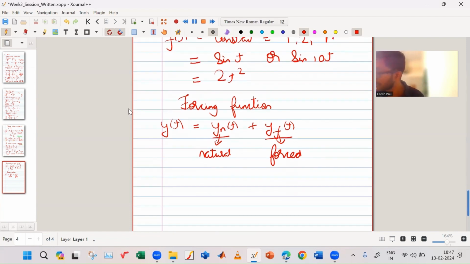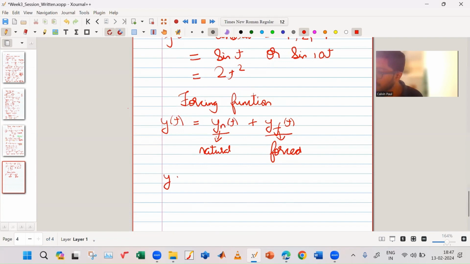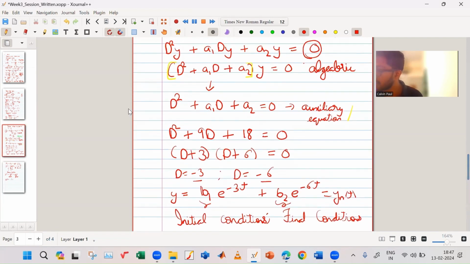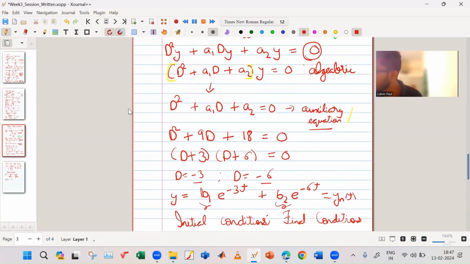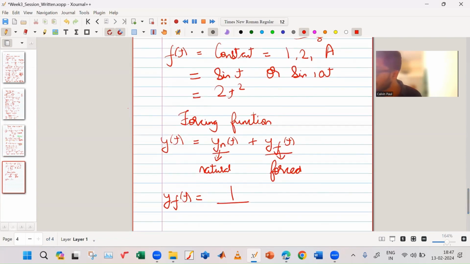If I want to calculate the forced response, I will have to write it in the form of 1 upon my auxiliary equation. I have to write it as 1 upon d square plus a1d plus a2, into my function of t.